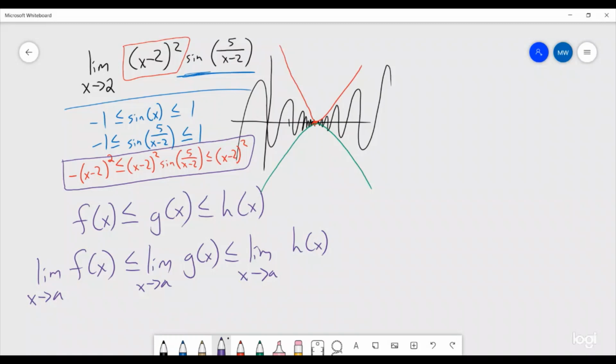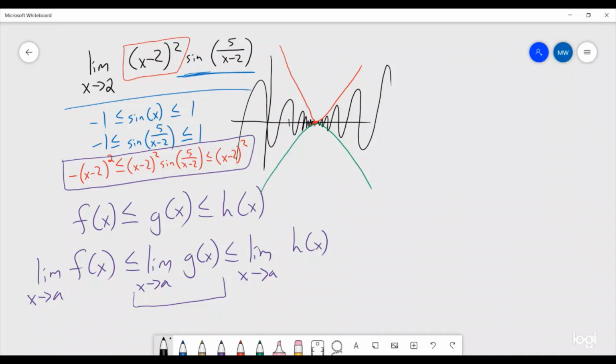The squeeze theorem says that limits behave nicely with inequalities. They do exactly what we think they should do when we're dealing with inequalities. And so, if we're trying to find the limit of this middle function, that might be a bit hard to do, but maybe these outside functions are much easier to do.